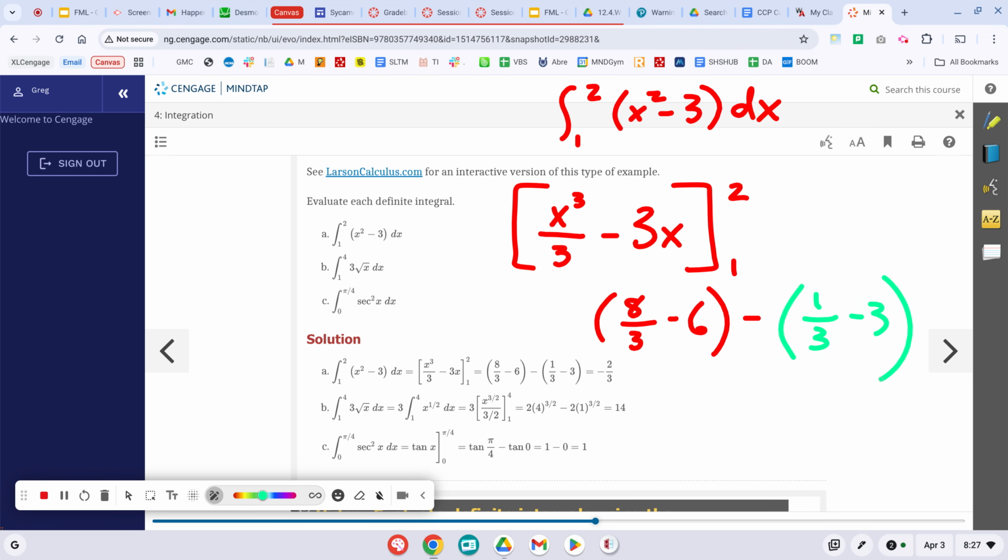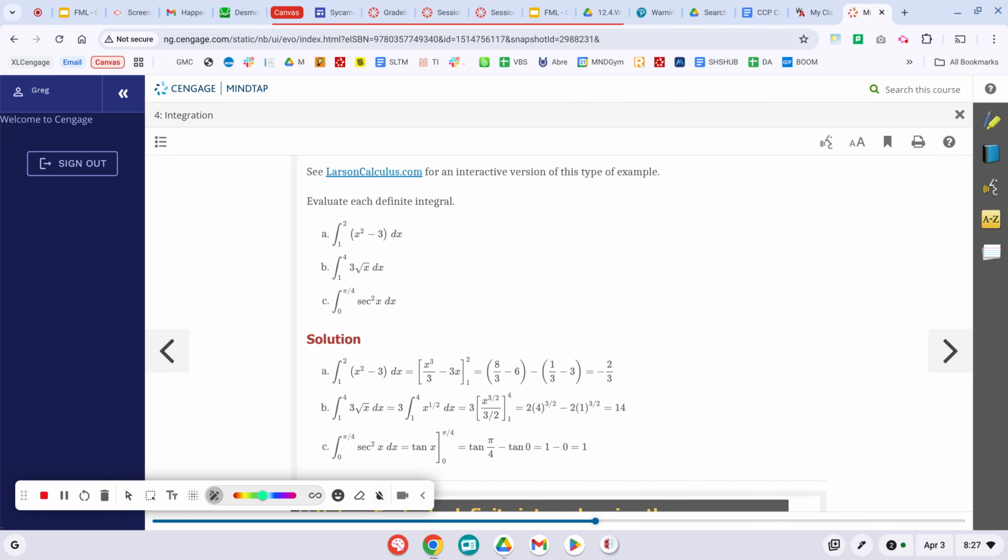Okay? So you end up getting negative 2/3. Yes, negative. This means that this function is below the axis, at least partially. And again, you'll see examples of that. We kind of addressed that a little bit in yesterday's 5-minute lesson.